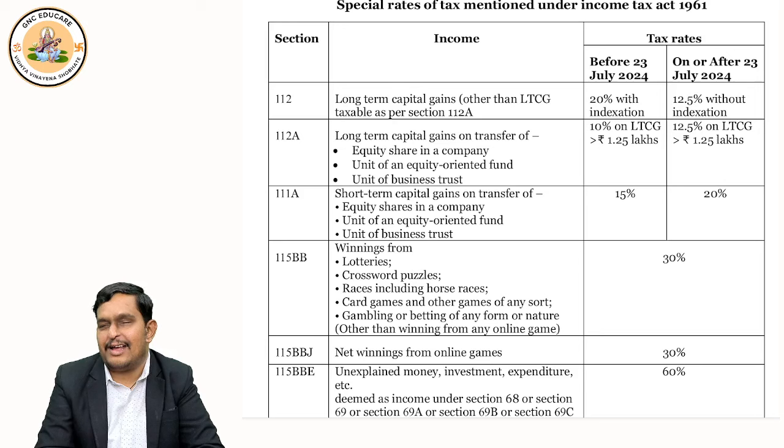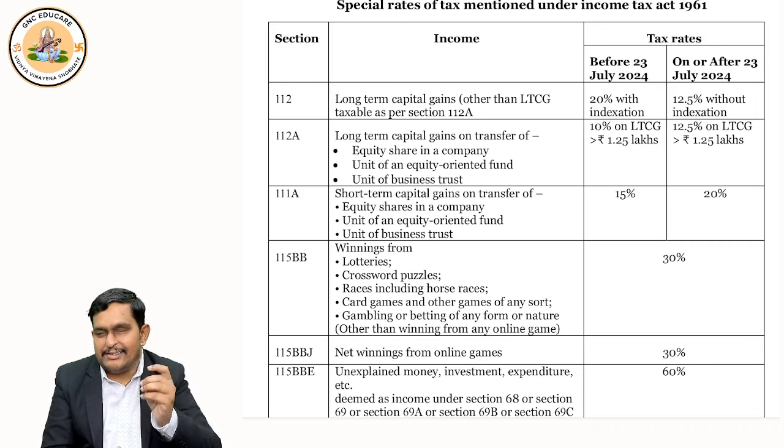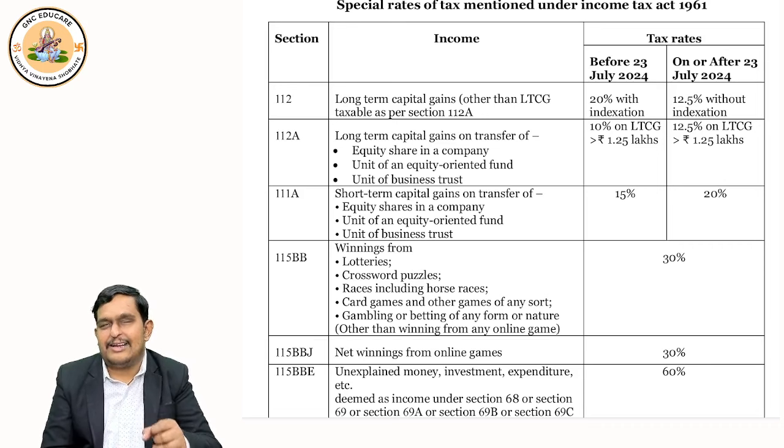So rates are clear. But I will tell you, the rates are given in the Finance Act. So whatever I discussed till now, that always comes in your Finance Act every year. Suppose whatever rates are given on 1st Feb 2024.